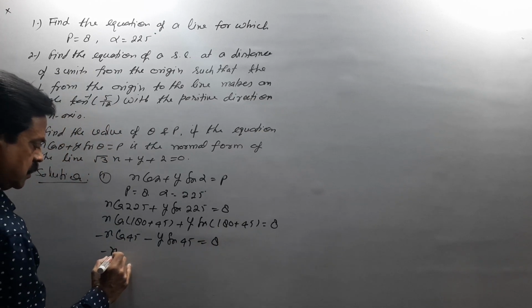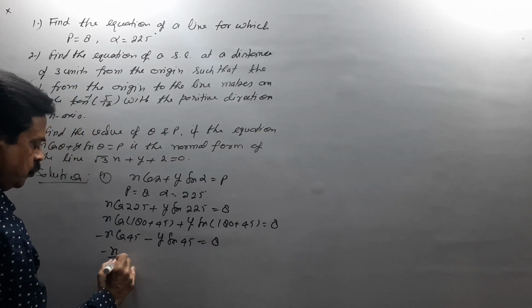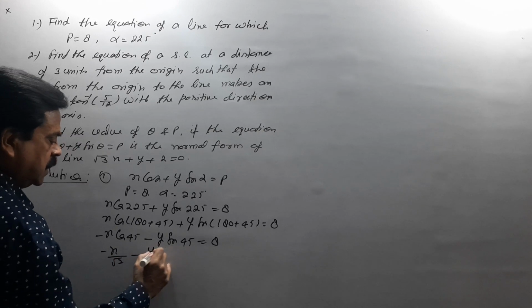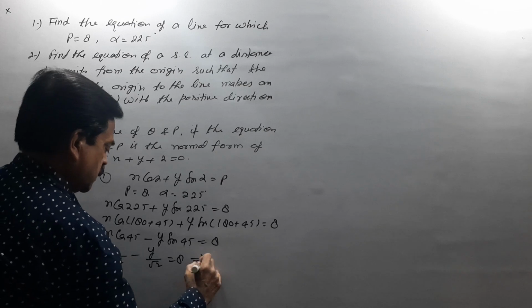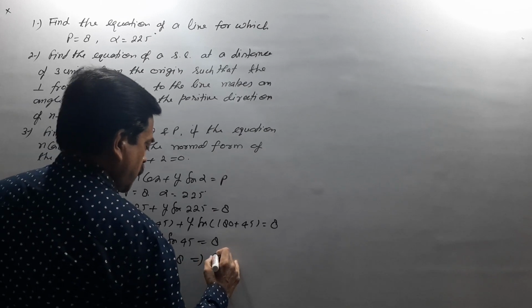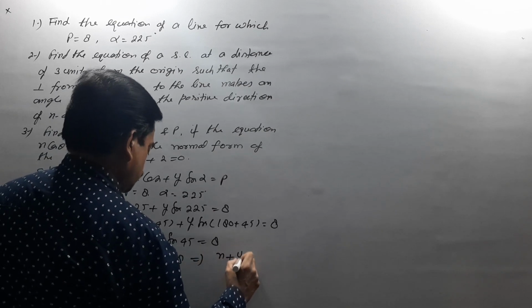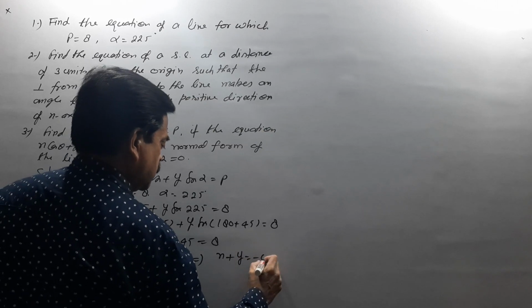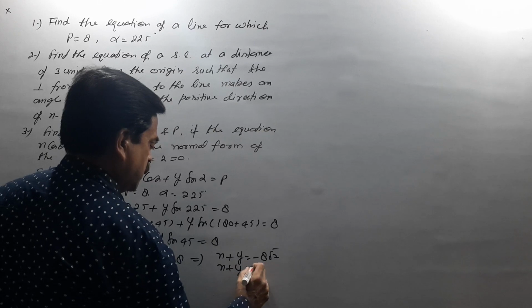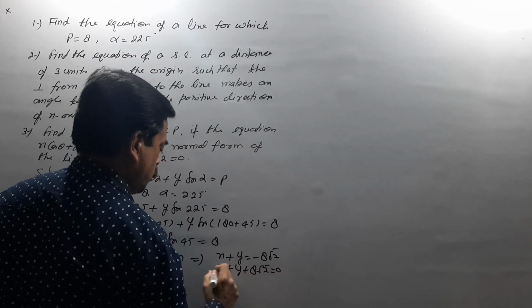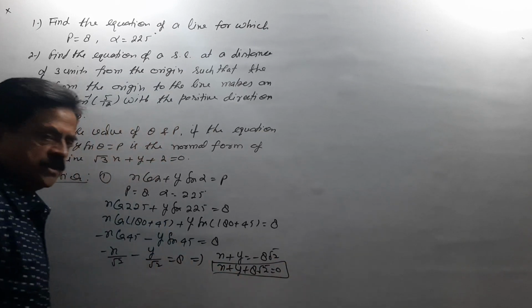Minus x cos 45 being 1 upon root 2, minus y sin 45 being 1 upon root 2 equals to 8. This implies x plus y equals to minus 8 root 2, or x plus y plus 8 root 2 is equal to 0, which is the solution of this line.